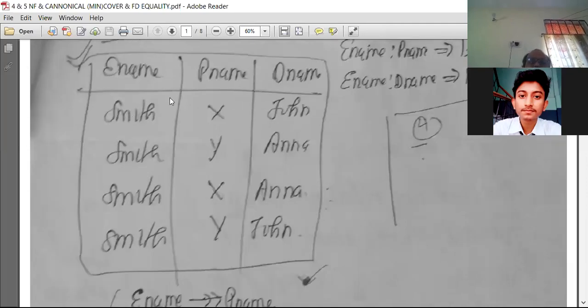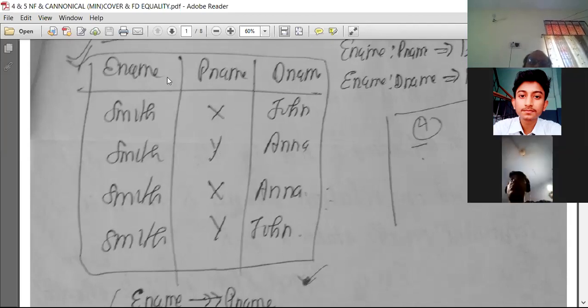From one employee name, Smith, I can get two values of P name. From Smith I got X, from Smith I got Y. So more than two P names are dependent on a single Smith.